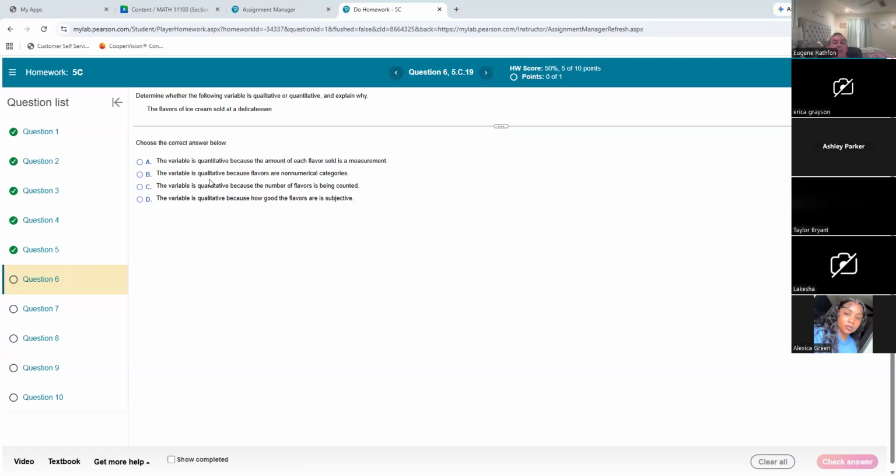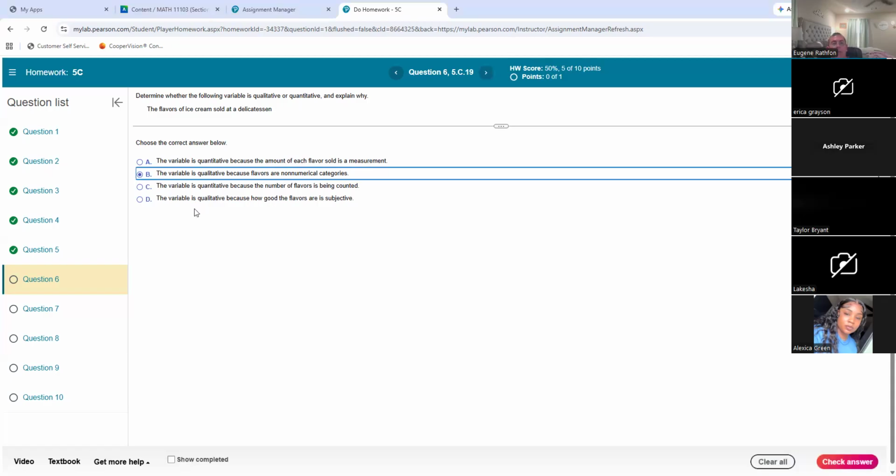And then see, it says because flavors are non-numerical categories. So D don't really make sense. They're saying it's qualitative because how good the flavors are is subjective. So that's an opinion. So we're just looking at the flavors that are sold. Okay. We don't care who likes them and all that. So remember, quantitative, you're counting stuff or measuring. Qualitative is just categories.